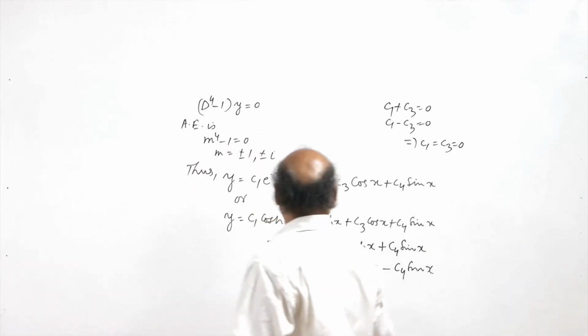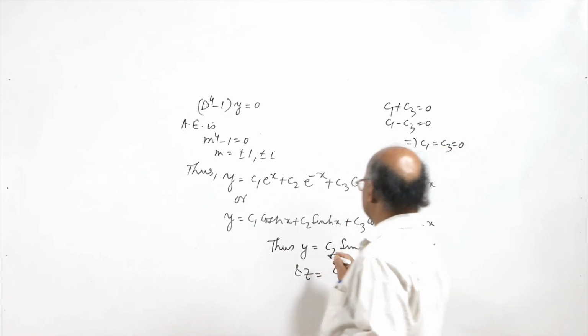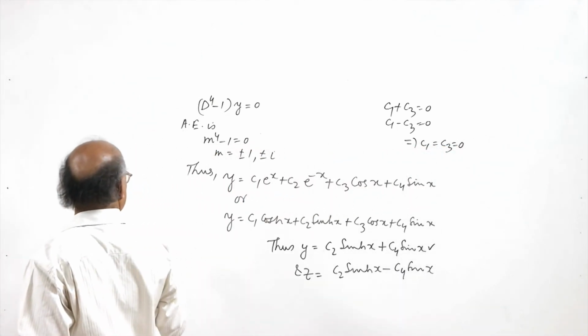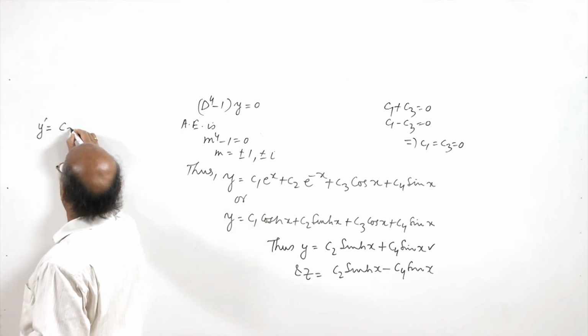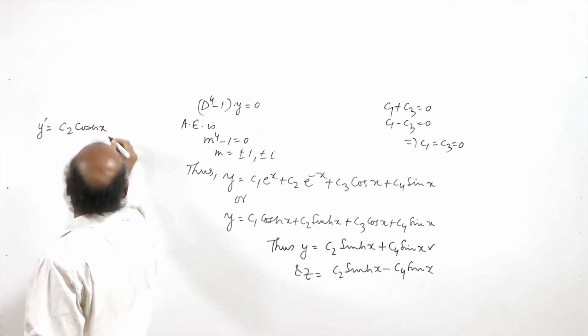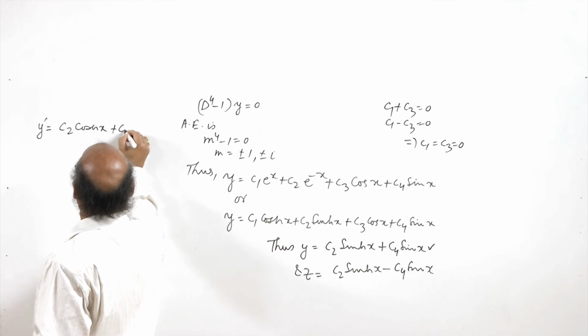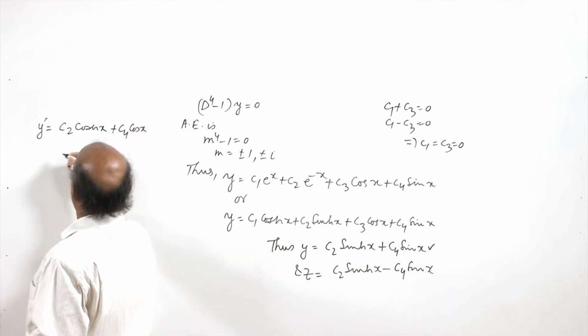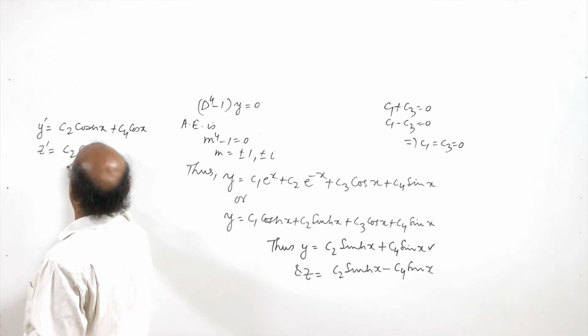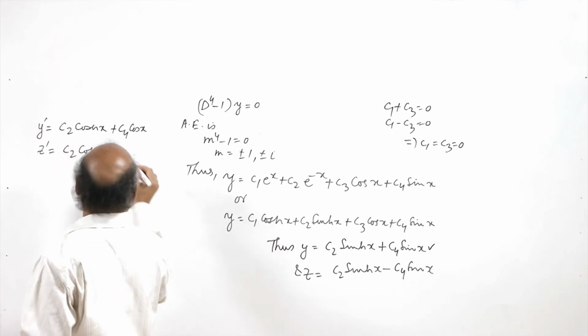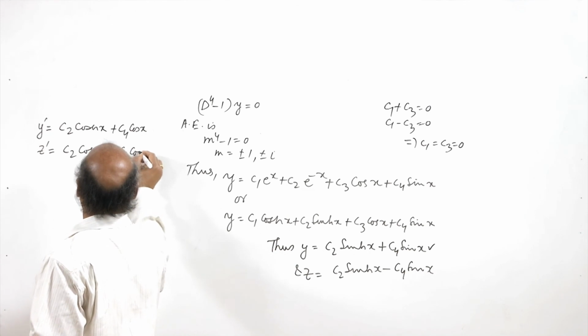Therefore we differentiate this equation with respect to x and put x equal to x2. So we get y dash is equal to C2 cosh x plus C4 cos x, and z dash is equal to C2 cosh x minus C4 cos x.